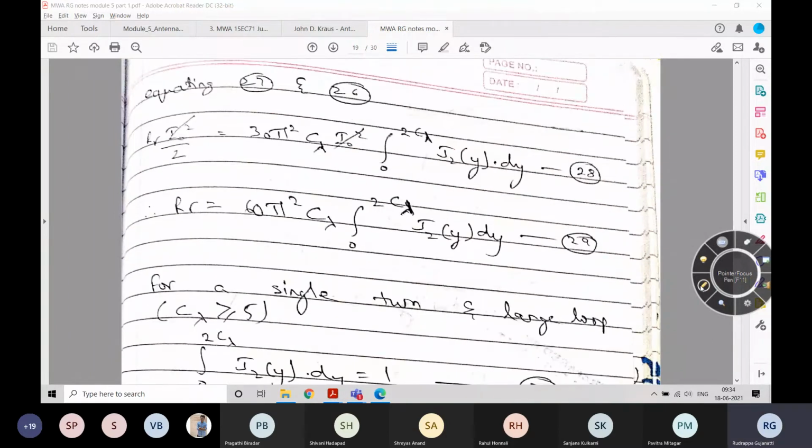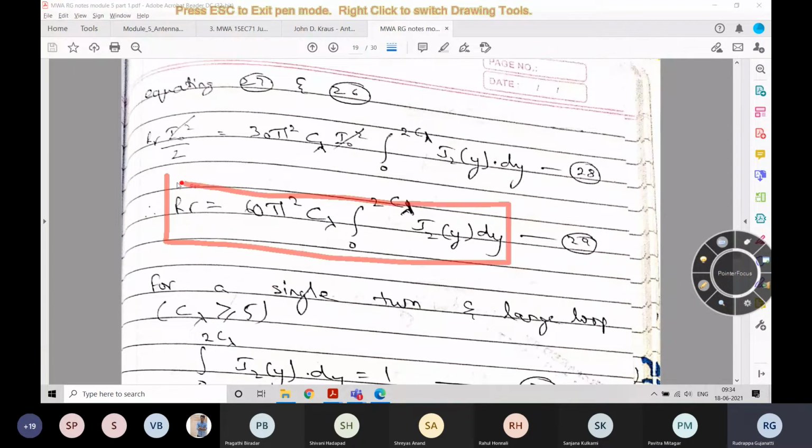When we equate and simplify, we obtain the radiation resistance, wherein the radiation resistance of the large loop is given by 60 pi squared into c by lambda times the integration from 0 to 2 c by lambda of J2 of y with respect to dy.